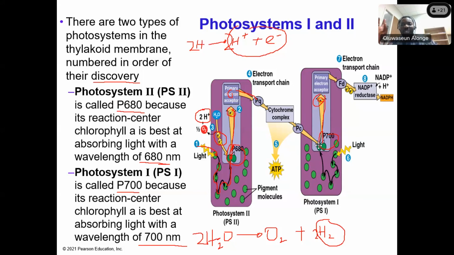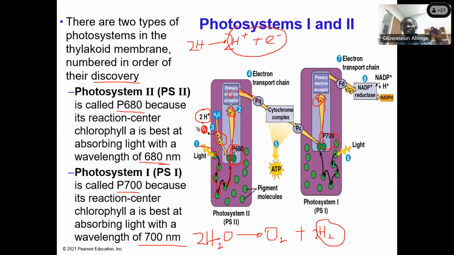Now, let me ask you a question. The chlorophyll A reaction center in PS1 lost an electron because of its exposure to sunlight as well. How did it attain stability back? The electron lost in PS2 helped to replace the electron lost by PS1. What replaced the electron lost by PS2? The water molecule released electrons, and those electrons replaced the electron in PS2.